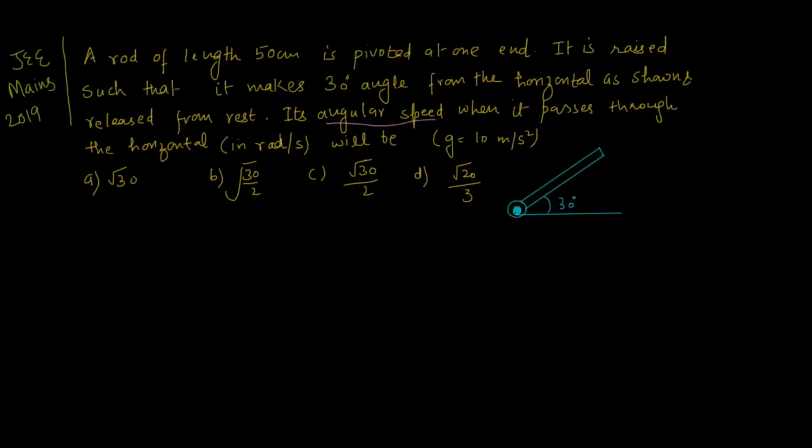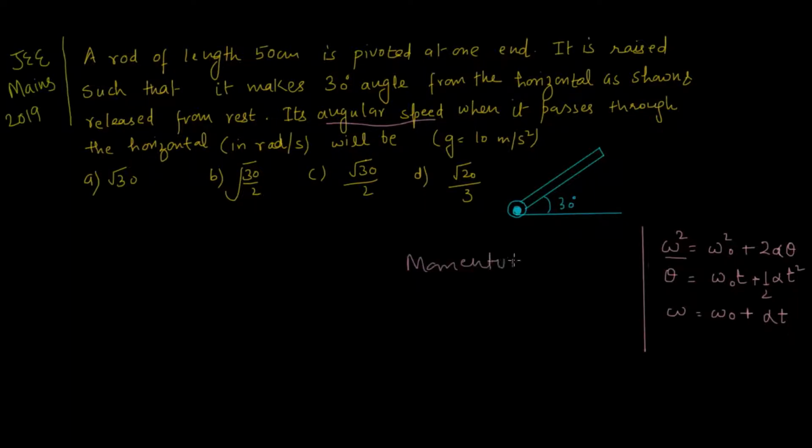For angular velocity, the first things that come to mind are these simple equations of motion which give our omega. Apart from them, there is the momentum conservation equation, where you find I1 omega 1 equals I2 omega 2.